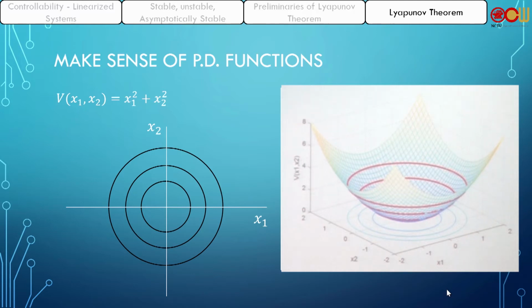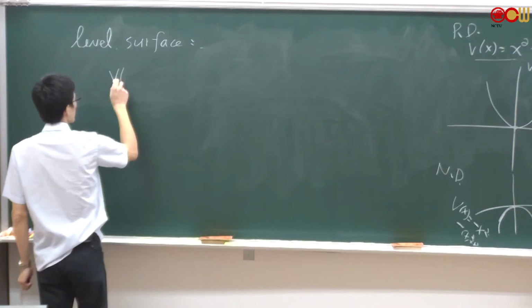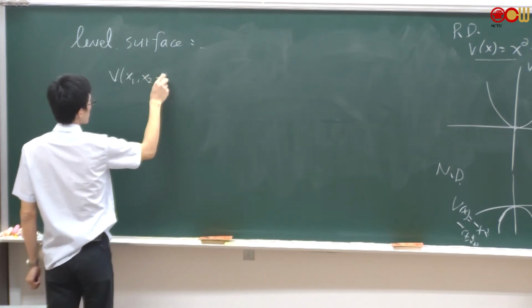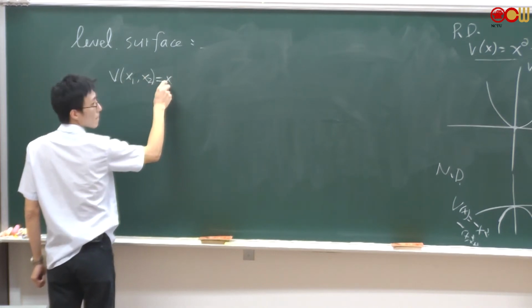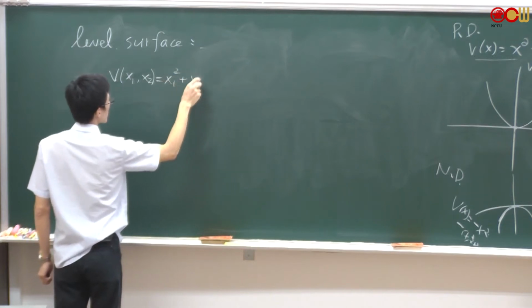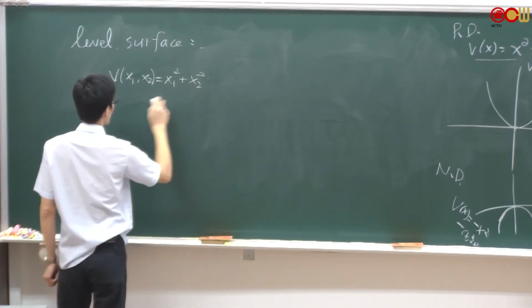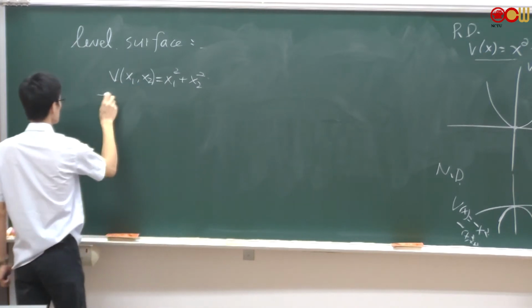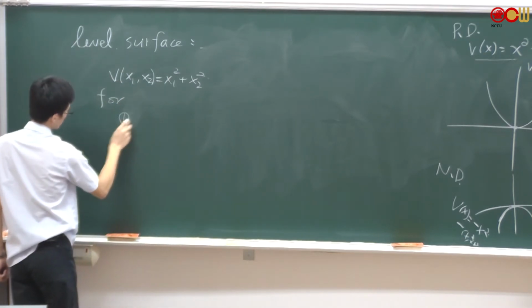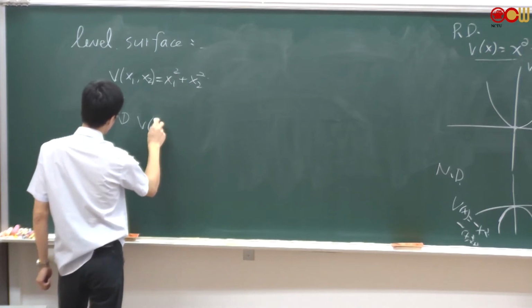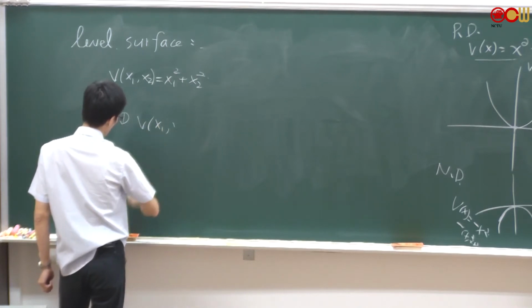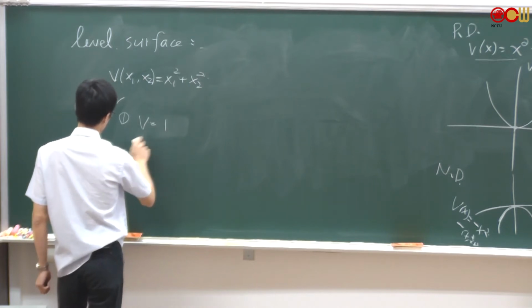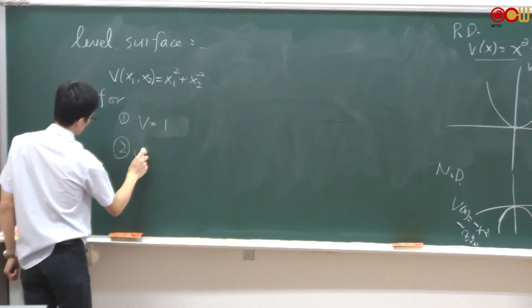This means that, okay, if I define some v function, for 3 cases, v equal to 3, v equal to 1.